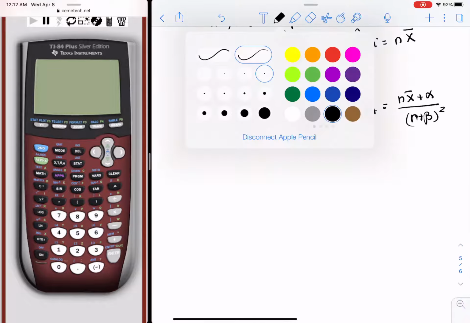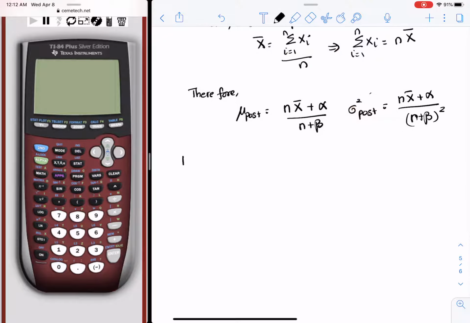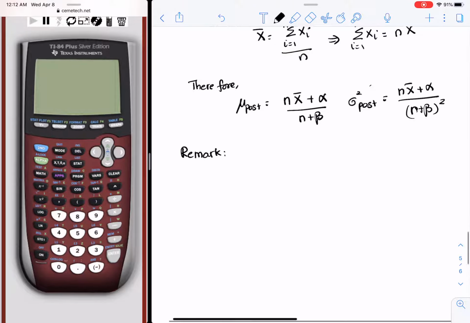So an important remark about the posterior mean.